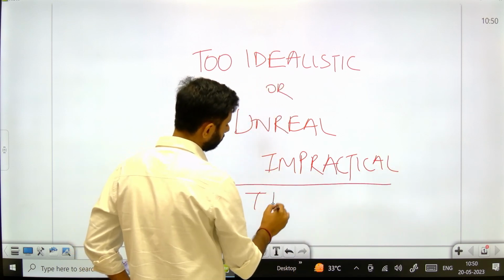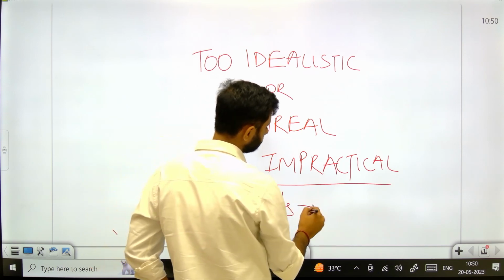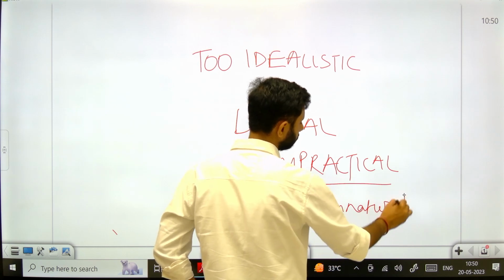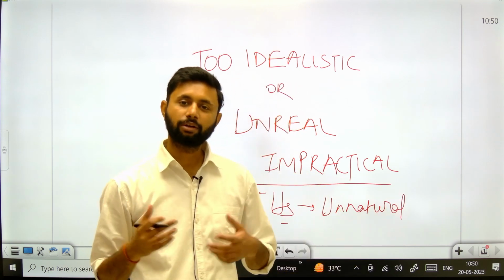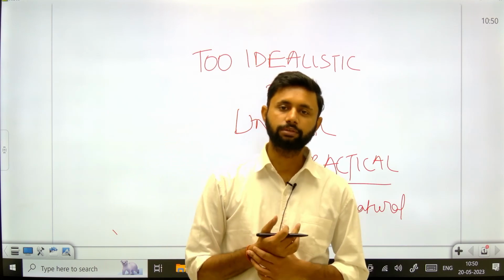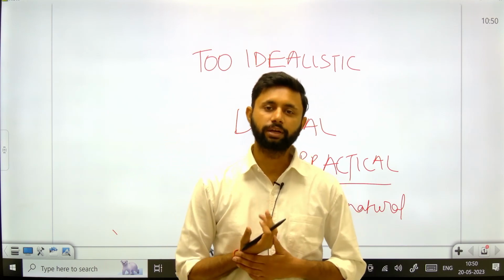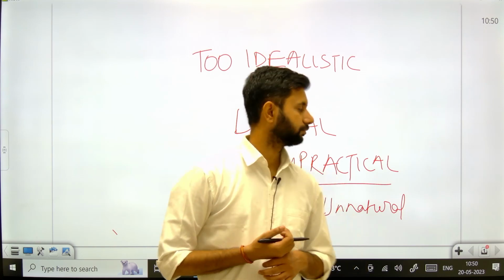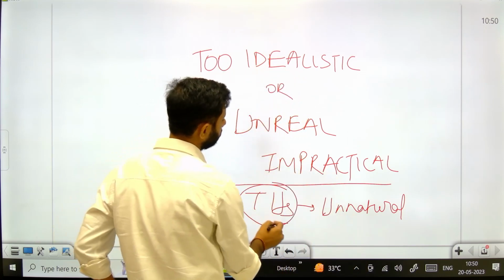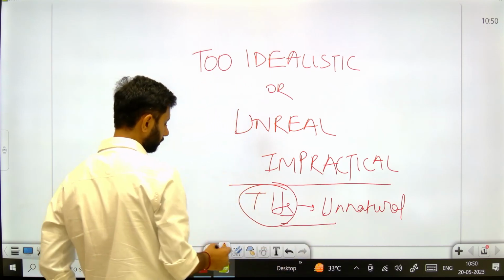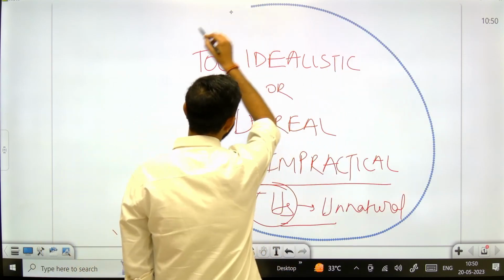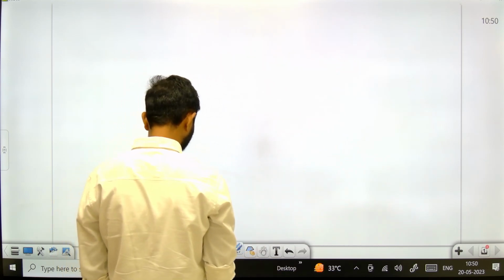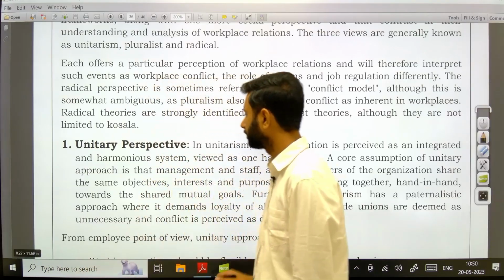They treat trade unions as unnatural, not needed in the unitary perspective. They say that when we are all working in tandem, what's the use of a trade union? Why are trade unions needed when we are all working together, when all our interests are converged? So they treat trade unions as unnatural. They don't want them to exist. So this is the unitary perspective.